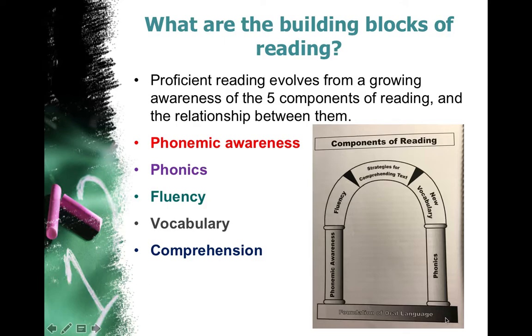And it's all of that oral language that is developed through talking and stories and songs. And then we have phonemic awareness on one side, phonics, fluency, and vocabulary. And at the top of our arch, all of our comprehension strategies are being held up by all of the others.